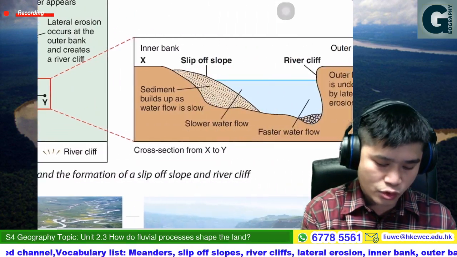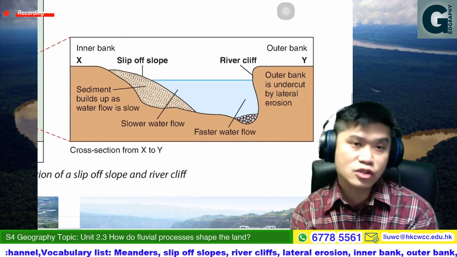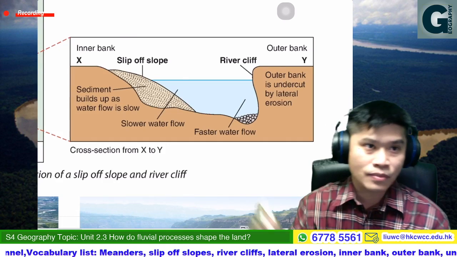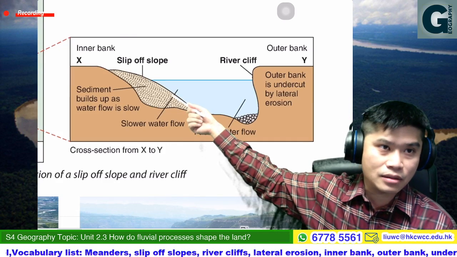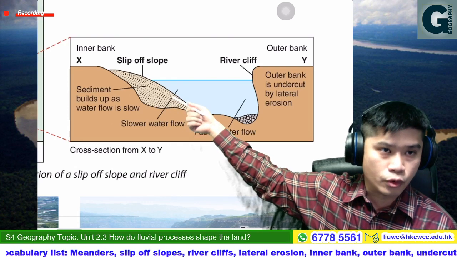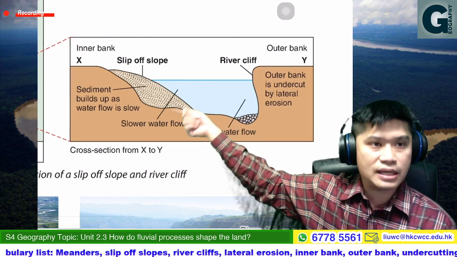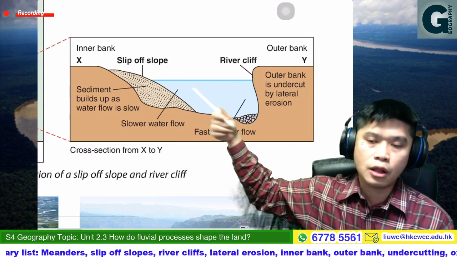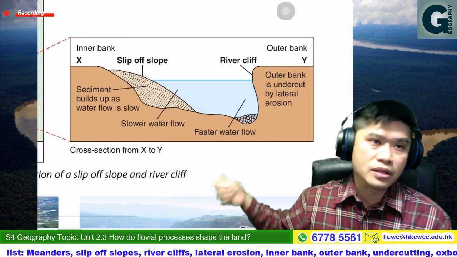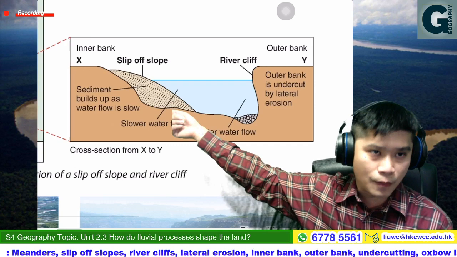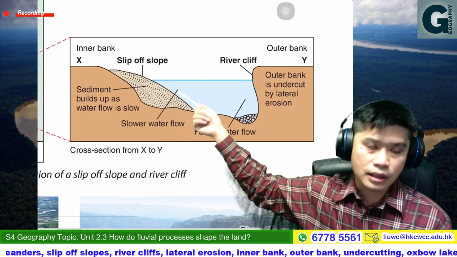That's why the cross section from X to Y would be like this. In the inner bank, a slip-off slope would be formed as the sediment, the load, the material would be deposited, then build up on the inner bank.